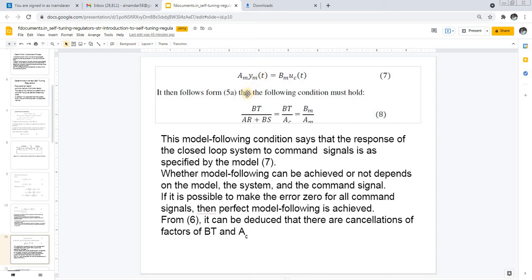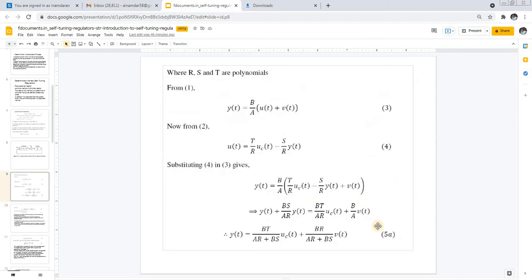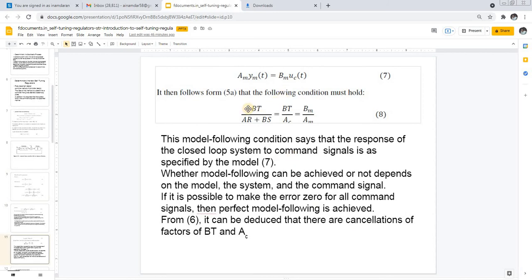Now this equation follows from y of t, that the following condition must uphold. This is the condition: bt upon ar plus bs equals bt upon ac equals bm upon am. This condition should be upheld.